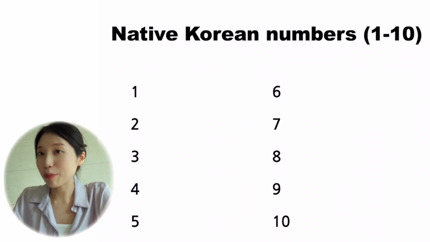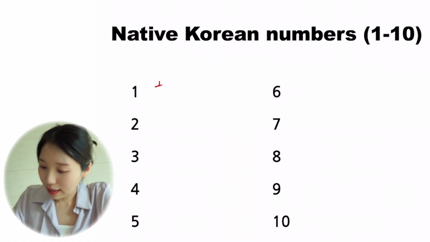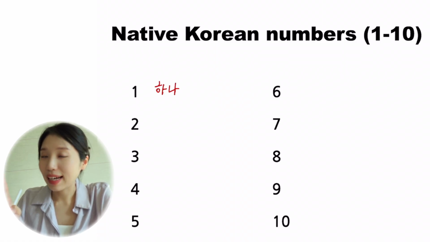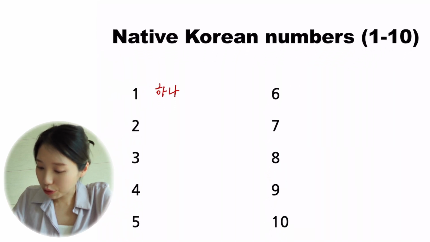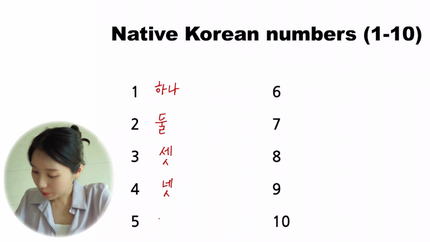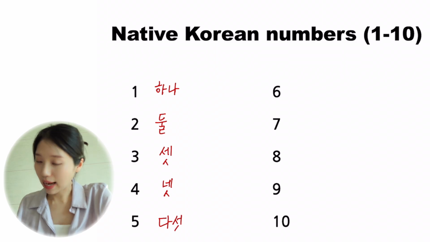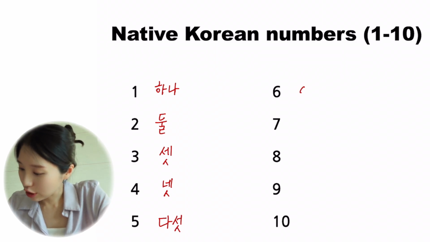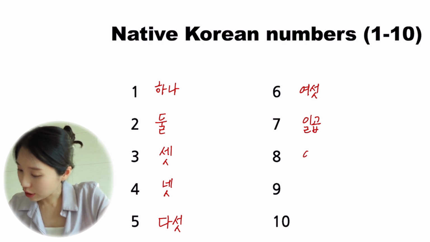Number 1 in native Korean is 하나, and number 2, 둘, 3, 셋, number 4, 넷, 5, 다섯, 6, 여섯, 7, 일곱, 8, 여덟.